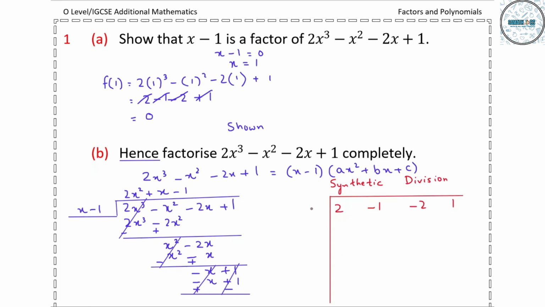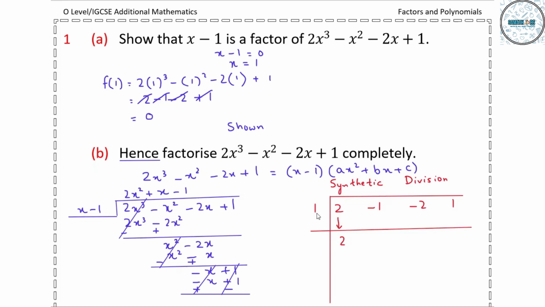We have to write here the value of x, which we have got from the first factor, which is 1. We can write this 2 here.